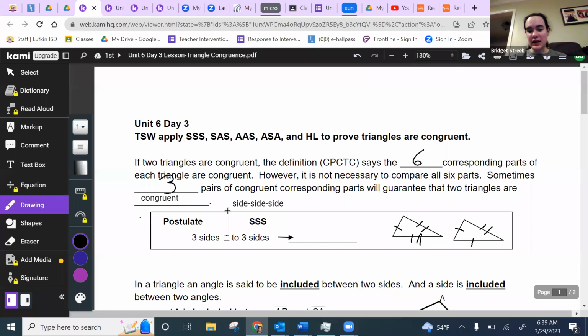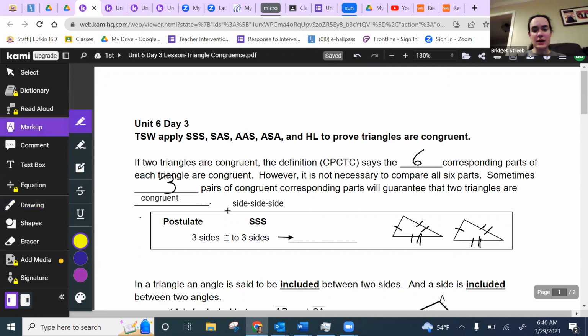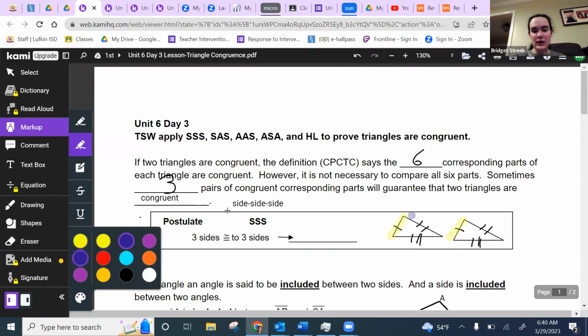And notice that I have 3 different amounts of tick marks because they aren't all congruent. You just have 3 sets that are congruent. So again, 1 set, second set, third set. This proves that you have congruent triangles.